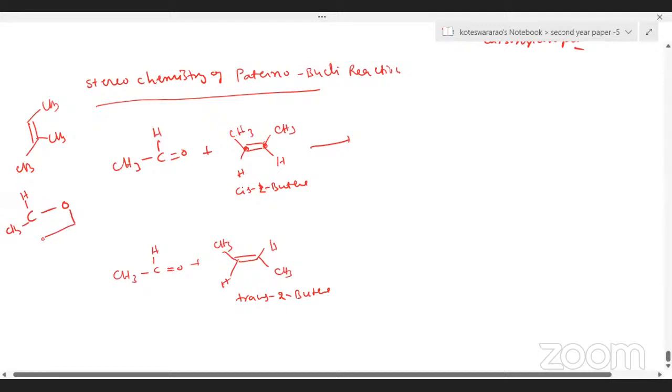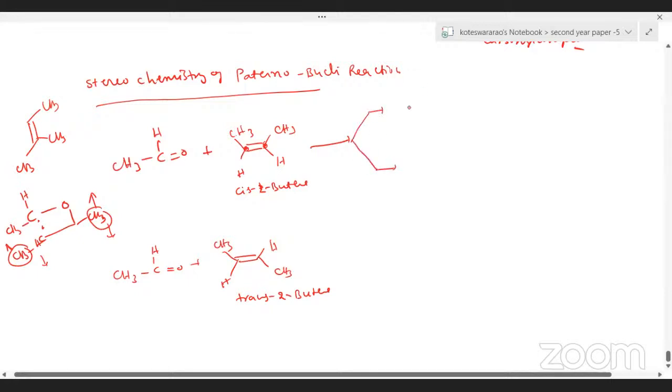Generally, this intermediate is generated: CH, CH2, CH3, CH. Okay, this kind of intermediate is generated. Here, the methyl groups may be both cis, both oriented above the plane, or both oriented below the plane. Now, these two intermediates are like this.